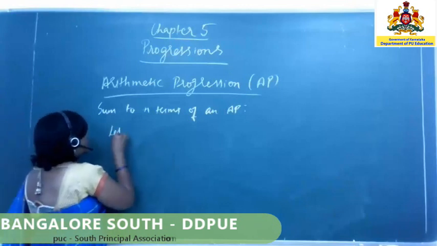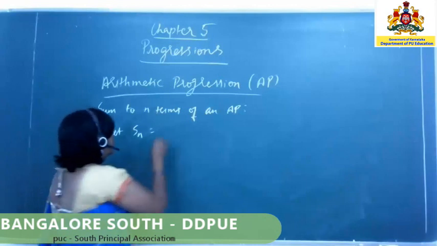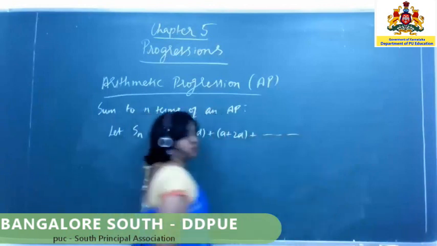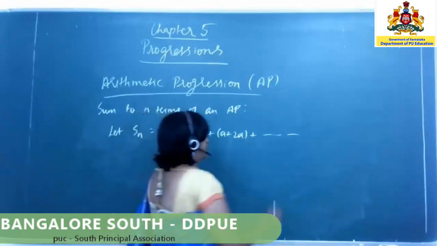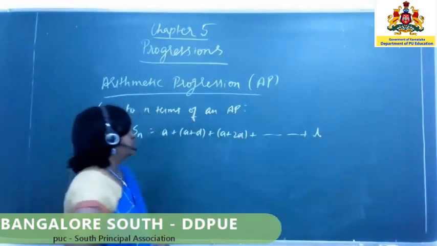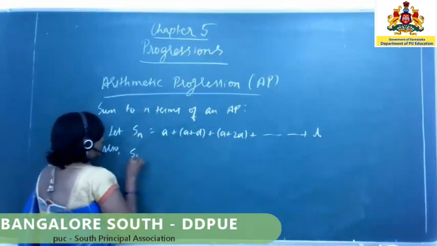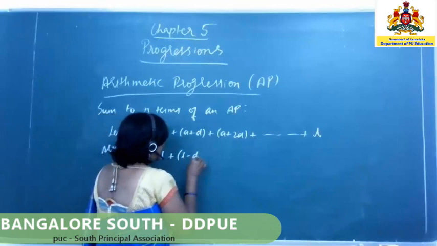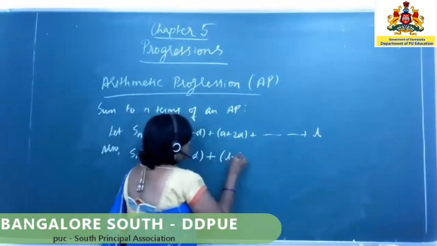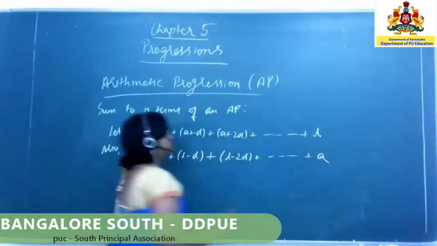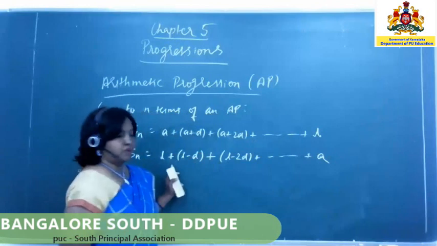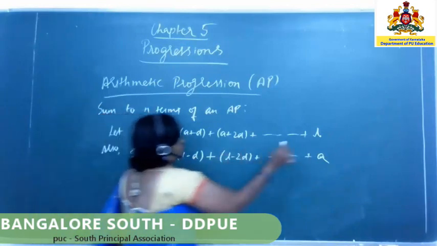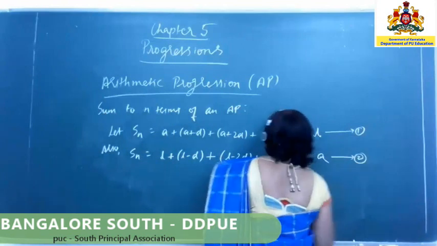So let Sn be equal to A plus A plus D, A plus 2D, and so on up to the last term, which I'll consider as L. Also, I can write Sn as L plus L minus D plus L minus 2D, and so on up to A. I'm just reversing this. Now I'll call this 1 and this 2.